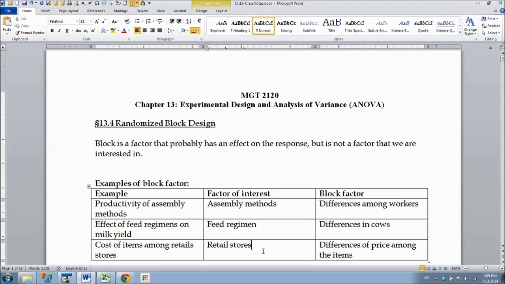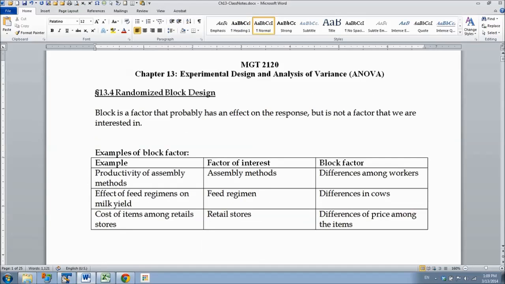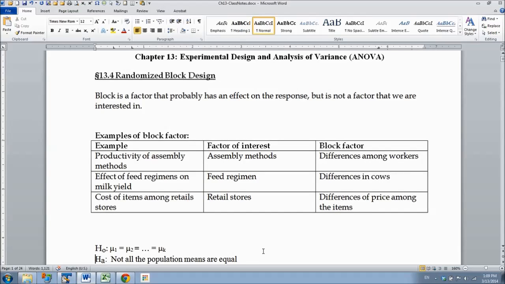But then the prices among the items themselves differ. But we are not interested in the differences in prices due to the differences in the items. So the retail stores are your factor of interest and the items themselves are the block factor.